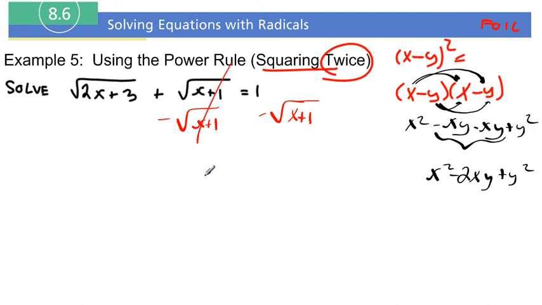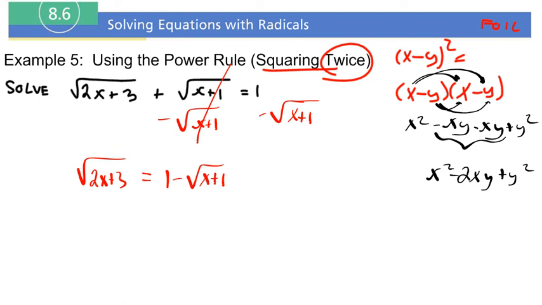So those are gone, and I'll get radical 2x plus 3 is equal to 1 minus the square root of x plus 1. So first step right there, I just subtracted radical x plus 1. Now that our radical is isolated, we can square both sides, because we want to get rid of this radical here.